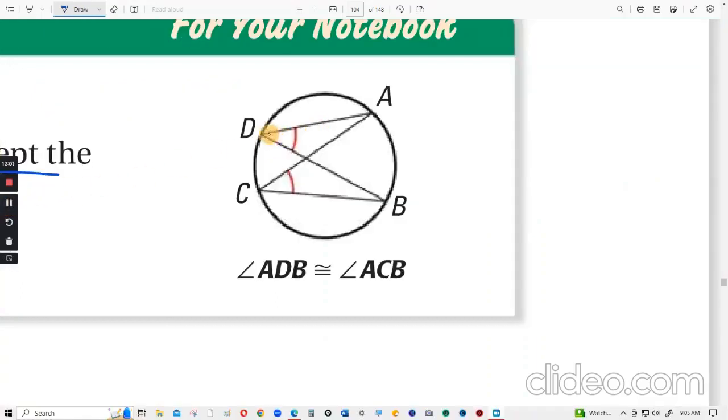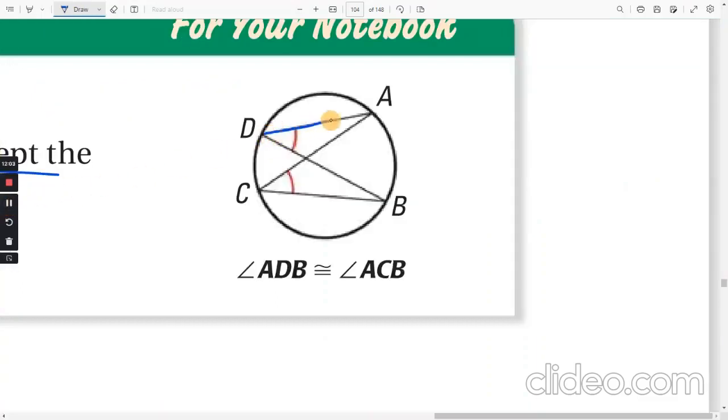So you see right here, we have angle D, and then the other angle is angle C. I highlighted these two angles here, and notice they both intercept arc AB.